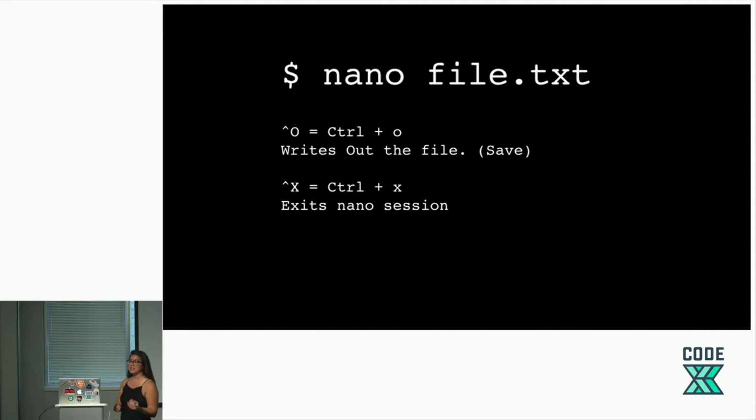Now, we could have edited these files in many different ways. You don't have to do it through the command line. You can open up an editor like Atom or Sublime or whatever your choice is for editing files, edit them there, and then they would be updated, and then you could look at them. I just thought it'd be cool that we could learn how to use Nano, and Nano is in most terminals.